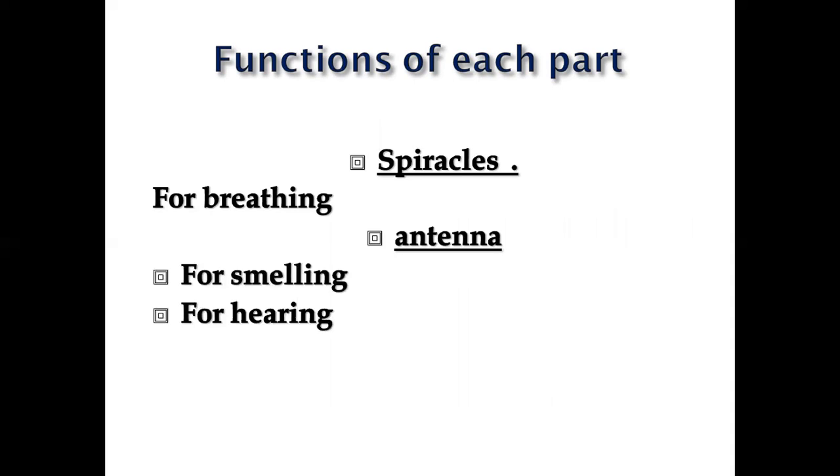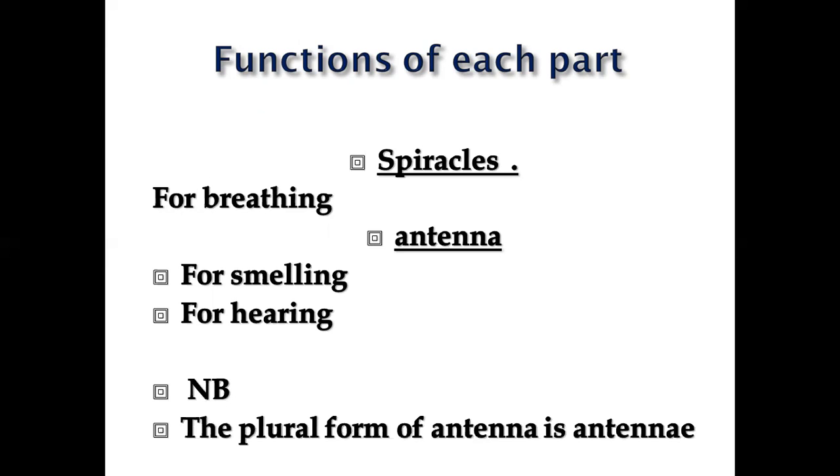So we can compare the antenna of an insect to the nose of a human being, to the ears of a goat, to the forked tongue of a snake, or to the nostril of a fish. We can make those comparisons. NB, the plural form of antenna is antennae, just like in the case of larva, larvae, pupa, pupae.